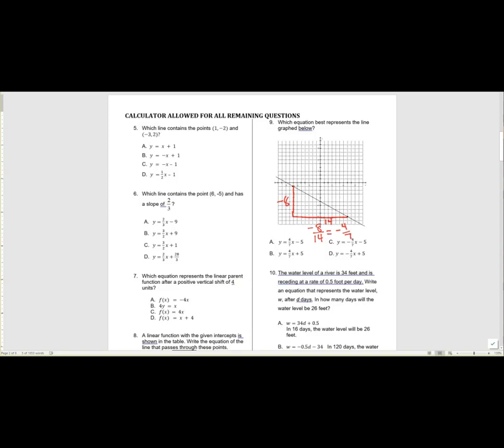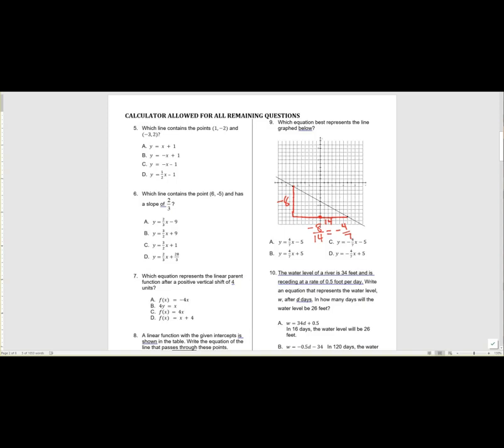And then we can also see here that this does have a y-intercept down here at -9. Or I guess it would have to be a -5 there. That's interesting.